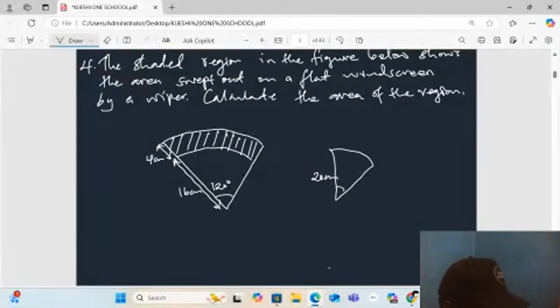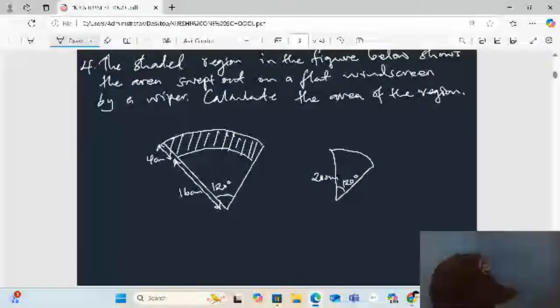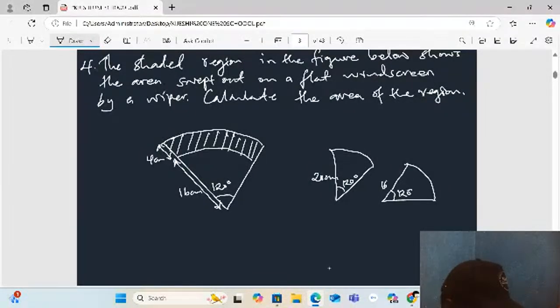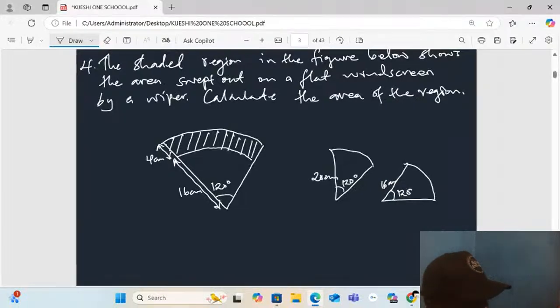Then it subtends an angle of 120 degrees. This is now another one, a smaller one, still subtending an angle of 120 degrees, but the radius reduces. It only moves 16 centimeters. So we have 2 sectors here.